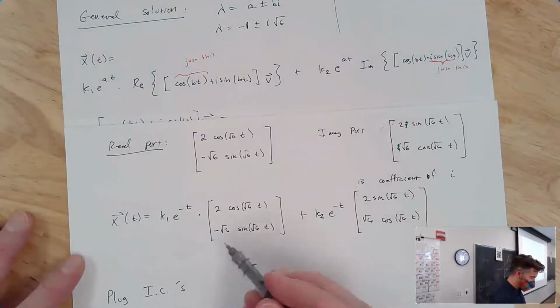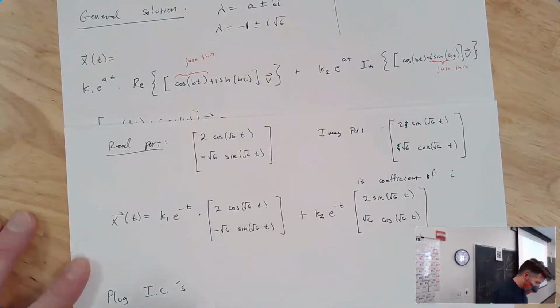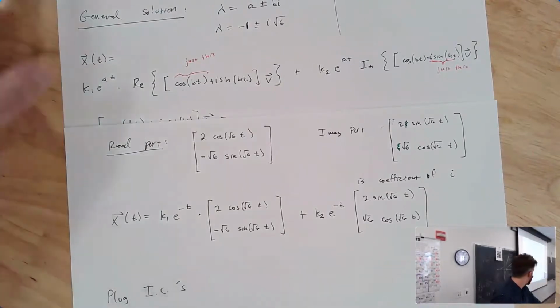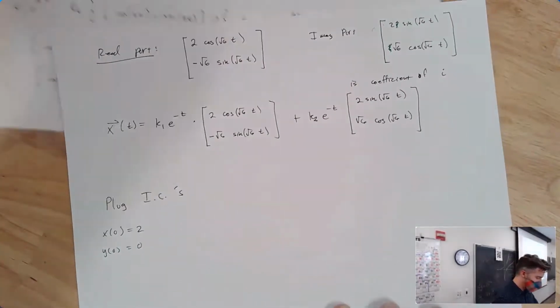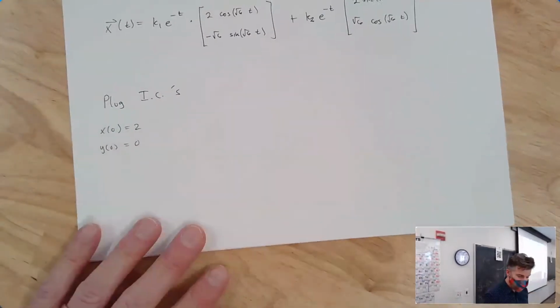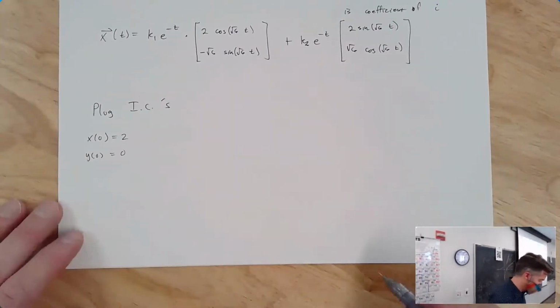We plug in our initial conditions, which I know we might have forgotten by now. They were x of 0 equal to 2 and y of 0 equal to 0. That'll allow us to solve for K1 and K2.